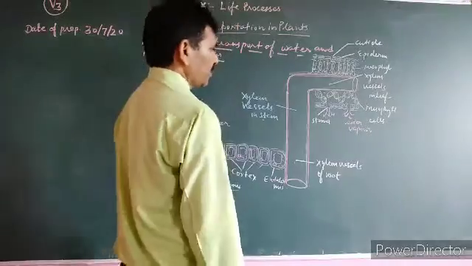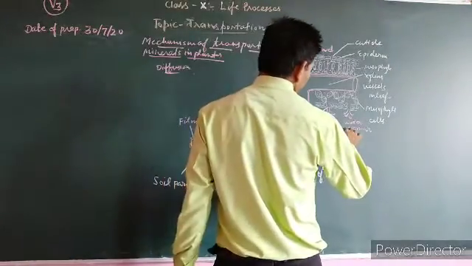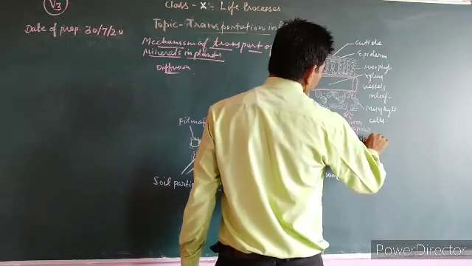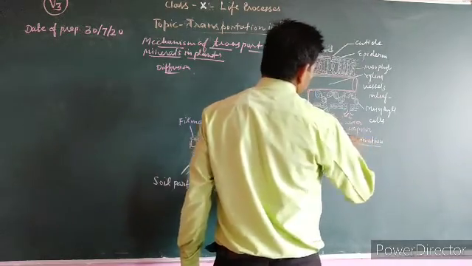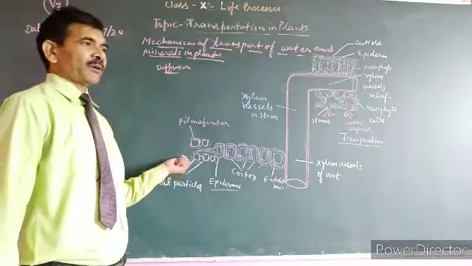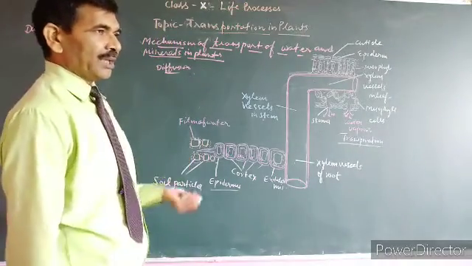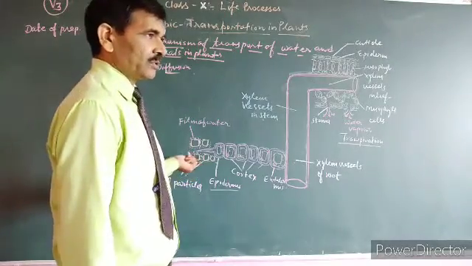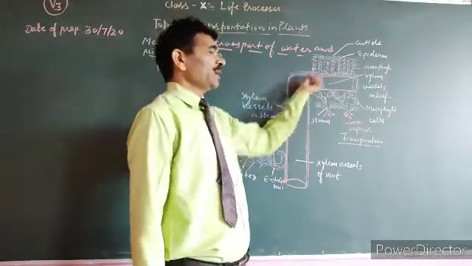The process is called transpiration. So this is the mechanism of transportation of water and minerals dissolved in it from root to the leaves.